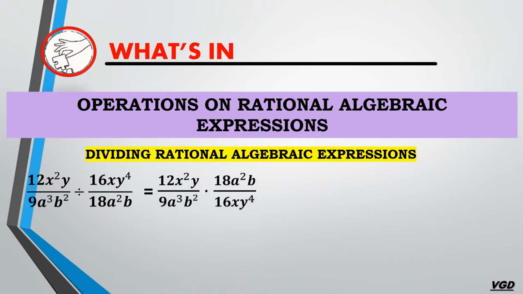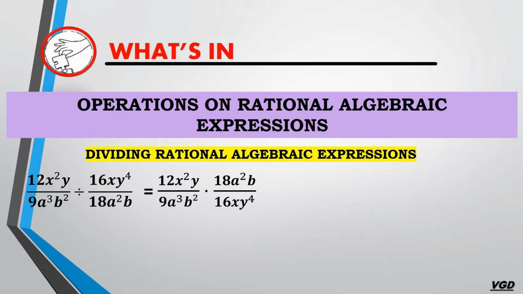So we have our new expression: 12x squared y over 9a cubed b squared times 18a squared b over 16xy to the power of 4. Take note, the reciprocal is the inverse of the fraction.